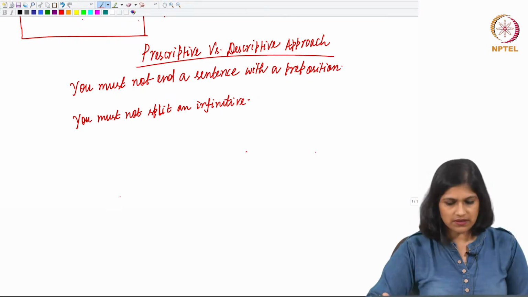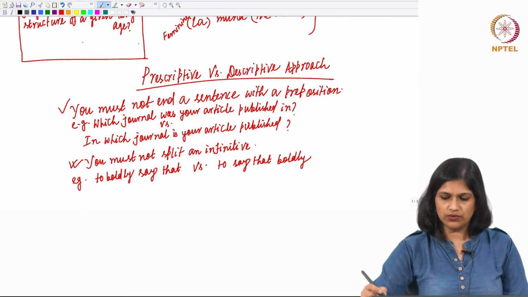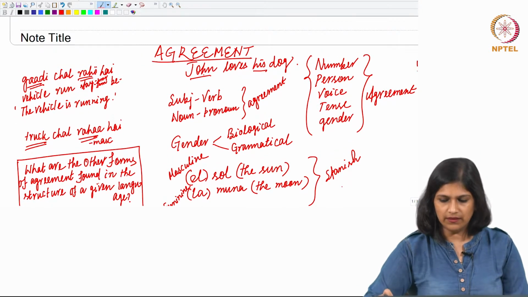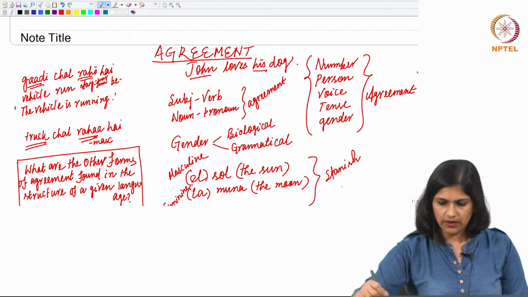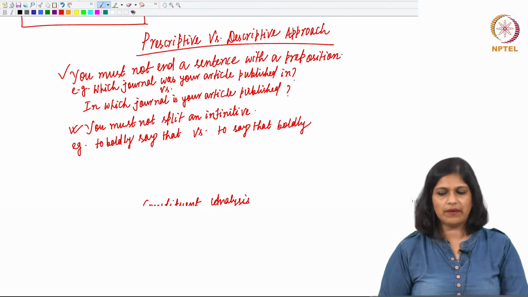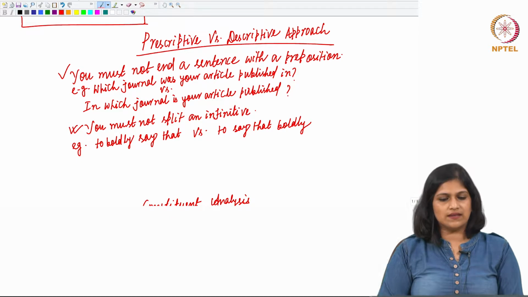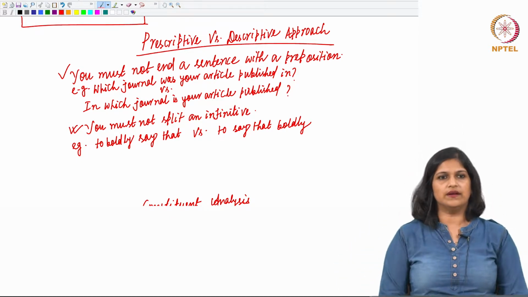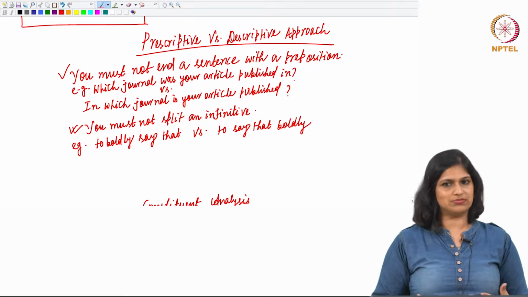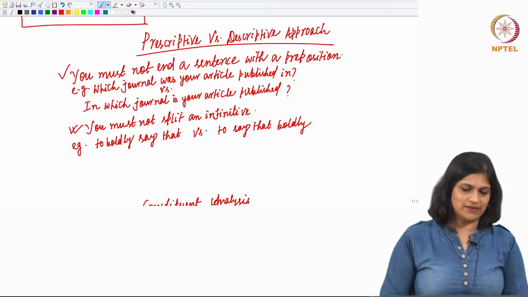Agreement that we were talking about, generally this is like the basic rule which has been set by the traditional grammarians. But that does not work in the similar manner all the time, right. If we try to understand what prescriptive grammar is, then obviously it is a set of rules that has been prescribed by the grammarians.